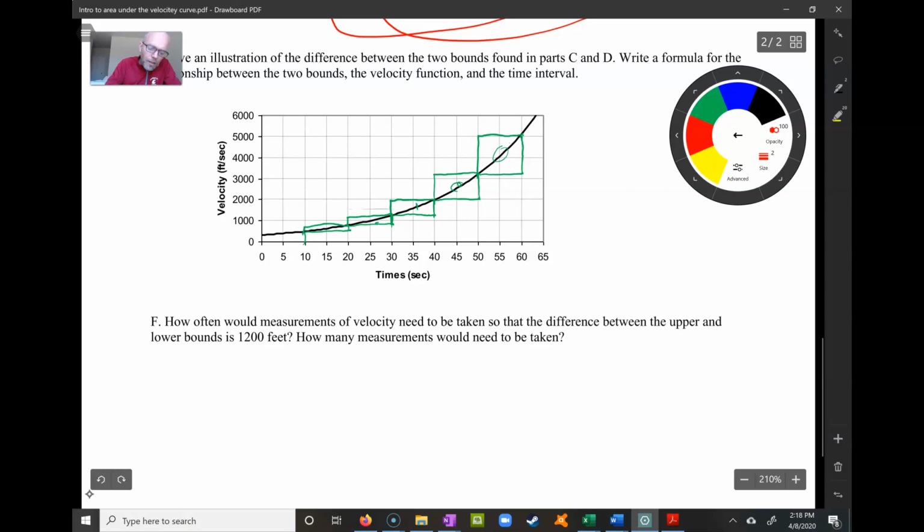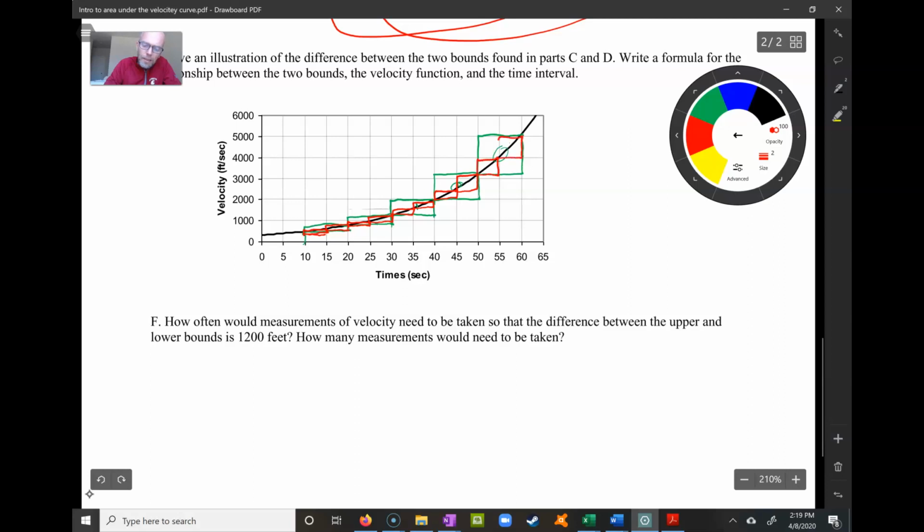Then the interval is there and there, there and there, there and there, there and there. You can see by making smaller intervals, that makes my error margin smaller. There's less wasted space, so to speak.